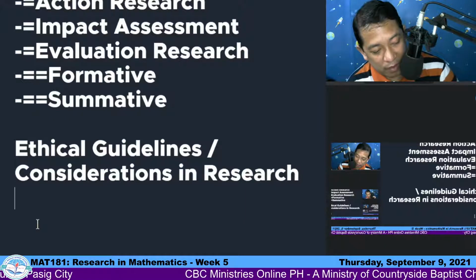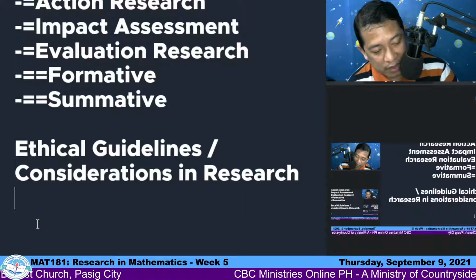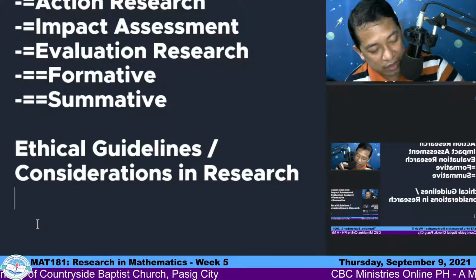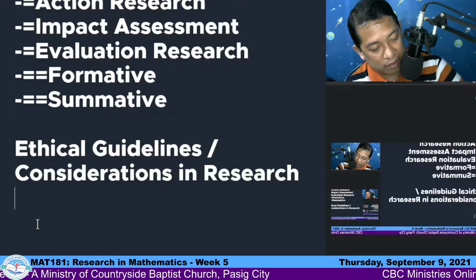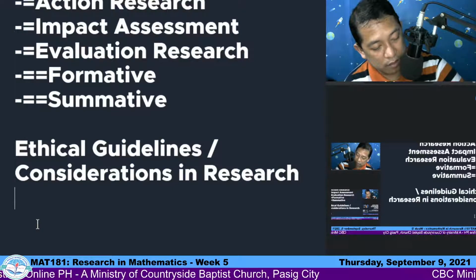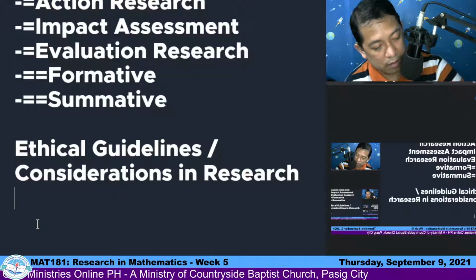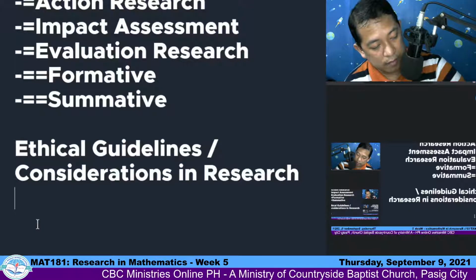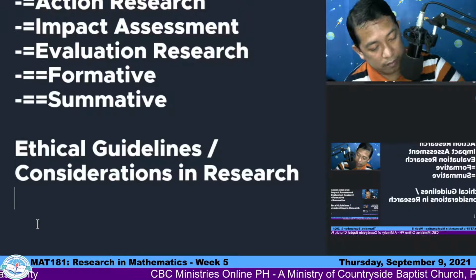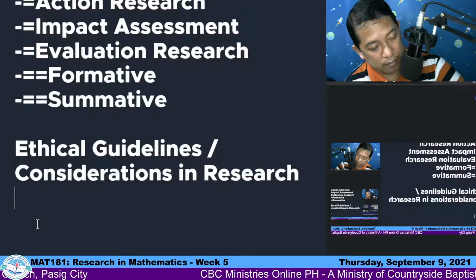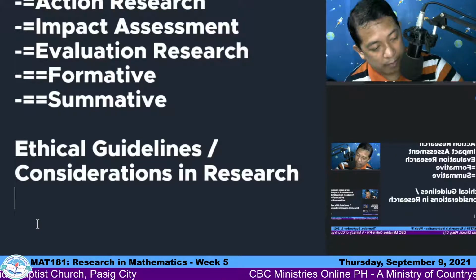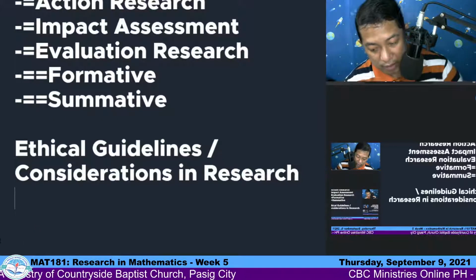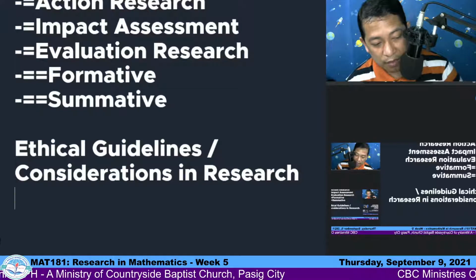So, Brockman, in his research in 2016, has some ethical question guides for the researcher at the start of the research. This is very insightful. Let's consider these questions.